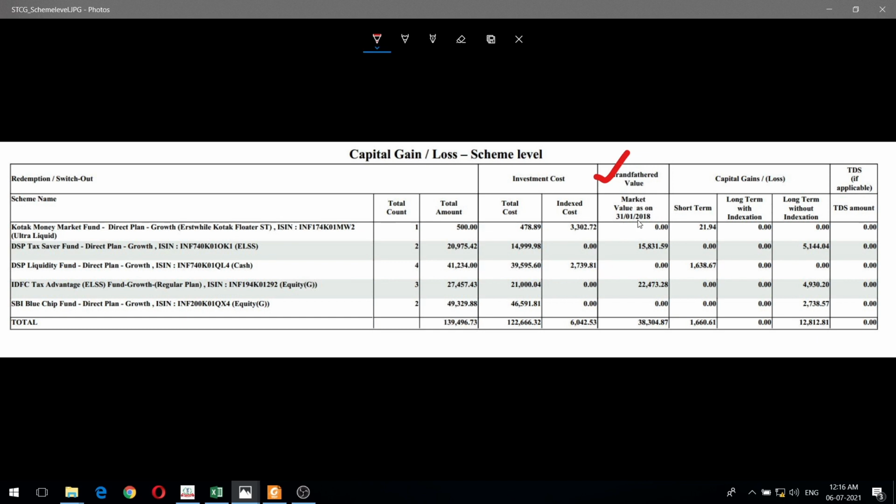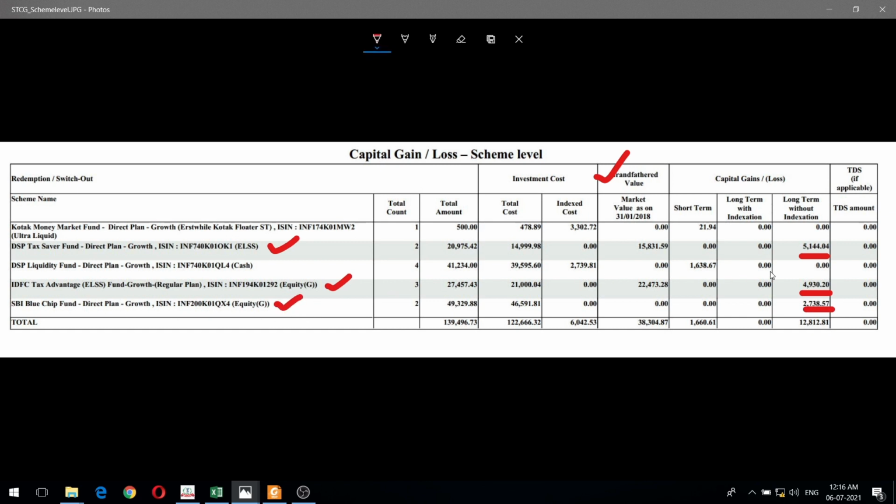This means if you have purchased any units before 31st of Jan 2018, and you have sold those units in the last financial year which is being considered, then those transactions of those schemes will come under grandfathered value. As I can see, I have long-term gain on three schemes: this one, this one, and this one. That means DSP tax saver, IDFC tax advantage, and SBI blue chip.